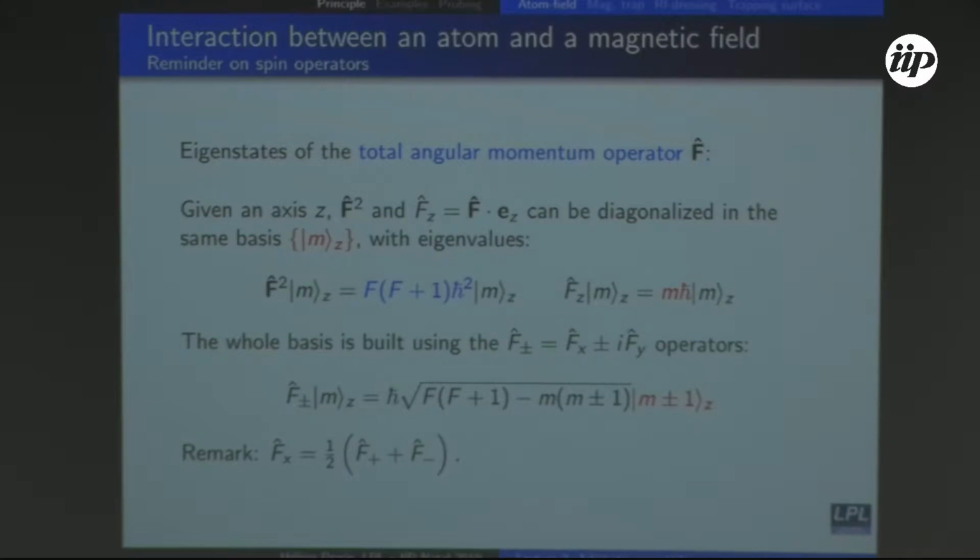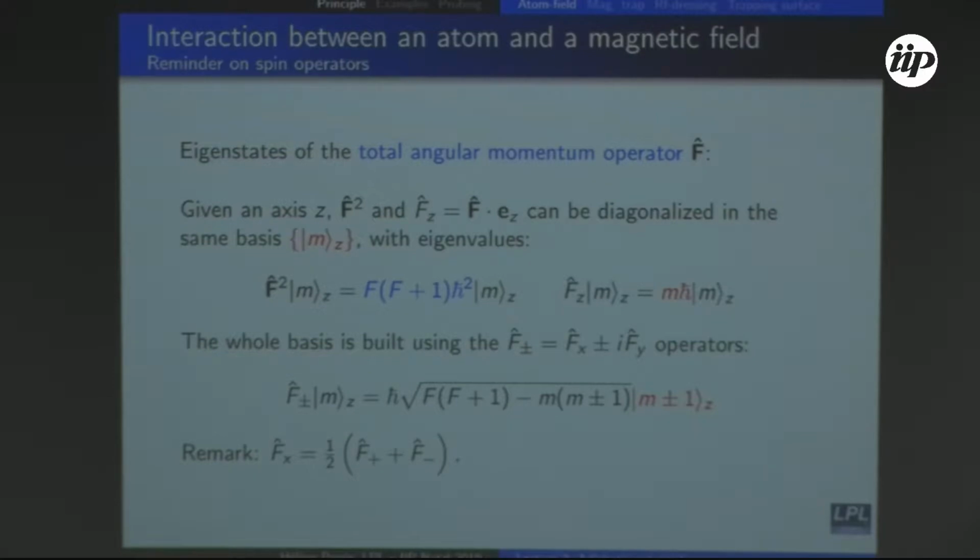So you have an atom with a nucleus and an electron. And S is the electronic spin. L describes the orbital angular momentum of the electron. And I is the nuclear spin.